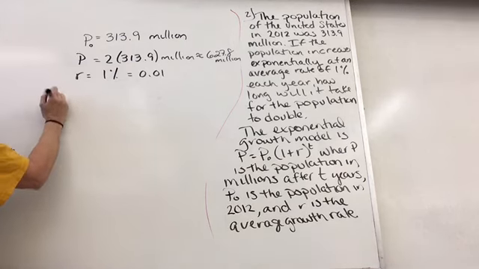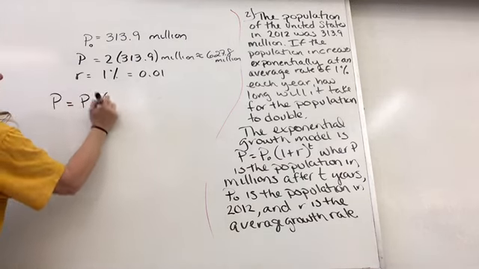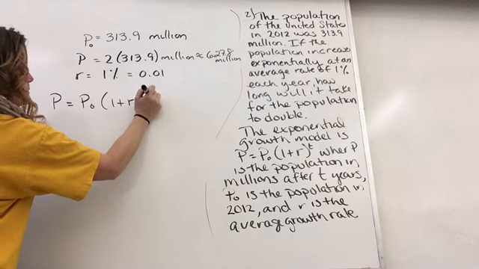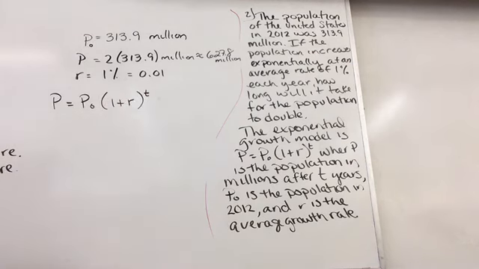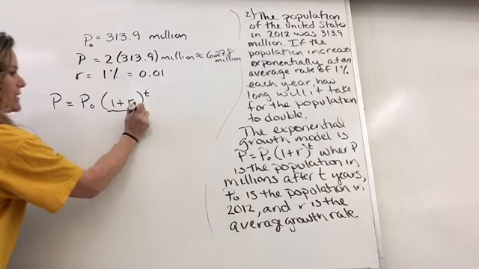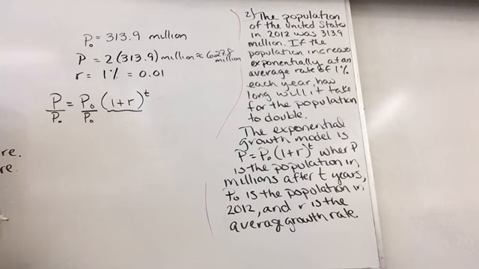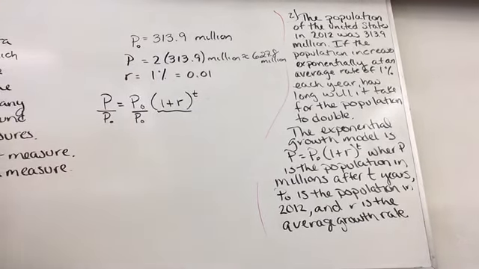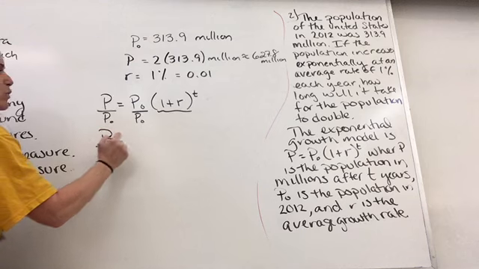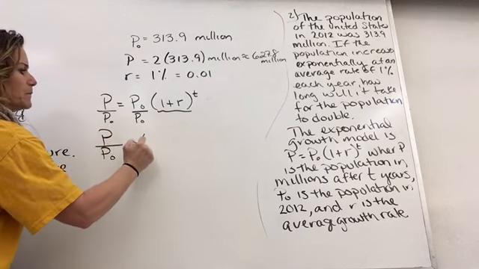So if I'm looking at this equation, and I want to know what T is, I actually want to solve this equation for T. In order to do so, I need to get this right here by itself. So I'm going to divide out the P sub naught on both sides. I know it's kind of confusing because we have just some variables here, but if you can bear with me, we'll plug numbers in a minute.